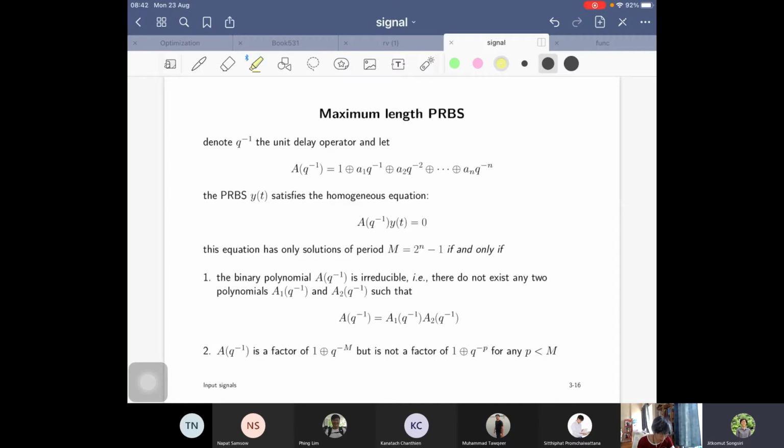A theoretical result says, of course, we use Q inverse as a delay operator.